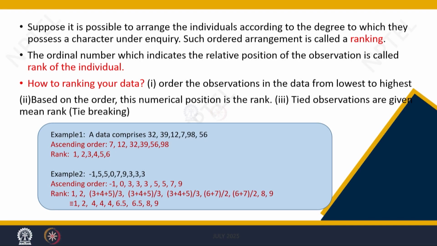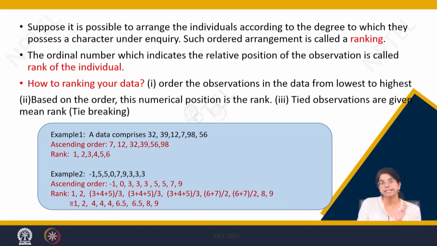Suppose it is possible to arrange the individuals according to the degree to which they possess a character under inquiry. Such an ordered arrangement is called a ranking. So when I say ranking, it means I am having some concept of ordering.